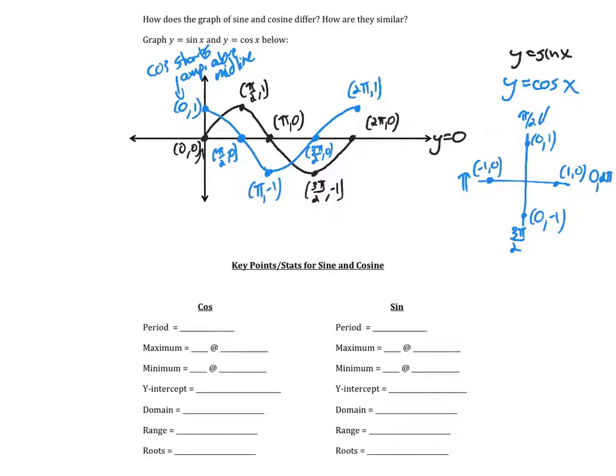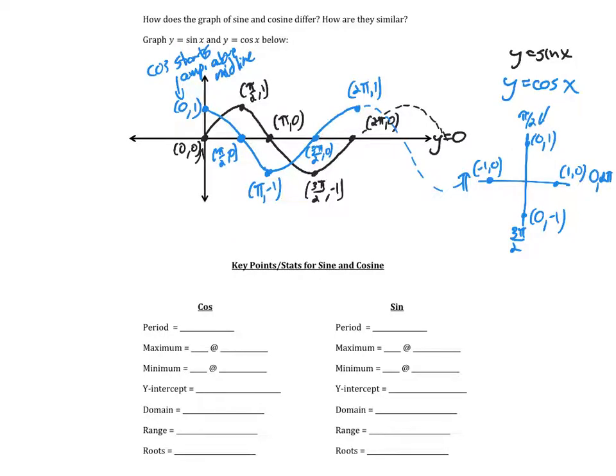But think about it, how does it really compare to the sine function? Remember that these graphs just continue on forever. So if I were to continue the cosine graph and the sine graph, I might not have done it justice, but the cosine graph is really identical to the sine graph, except it's shifted over just a little bit.